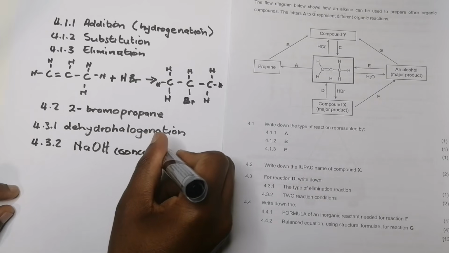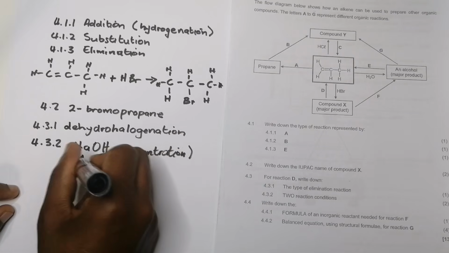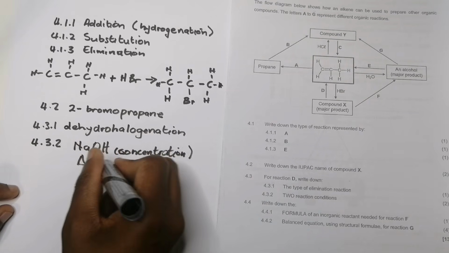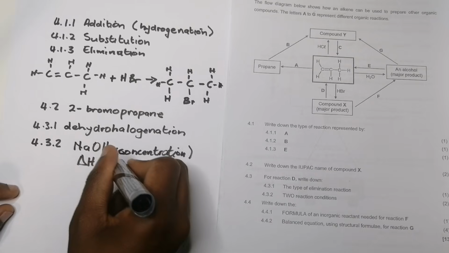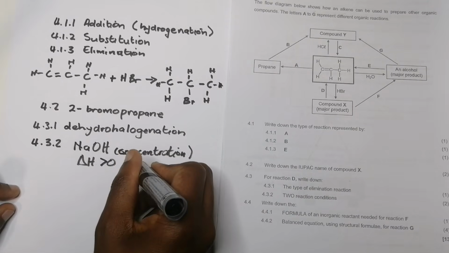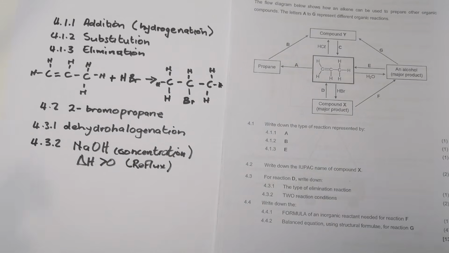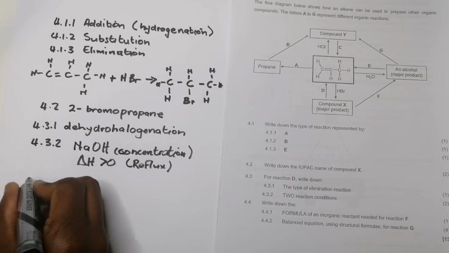And we must have high temperature, so delta H definitely greater than 0. We say it's heated under reflux, by the way. Reflux is simply a method of reacting something, taking the vapor and cooling it down later on. So those are the two reaction conditions. In this case, we are set.